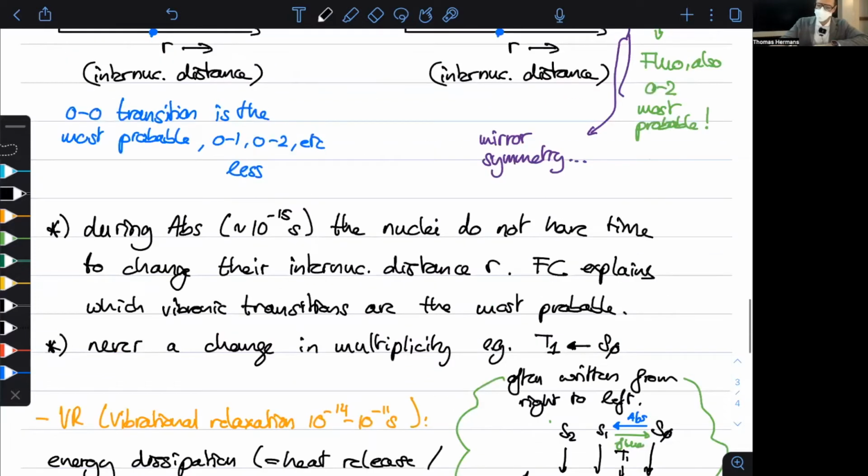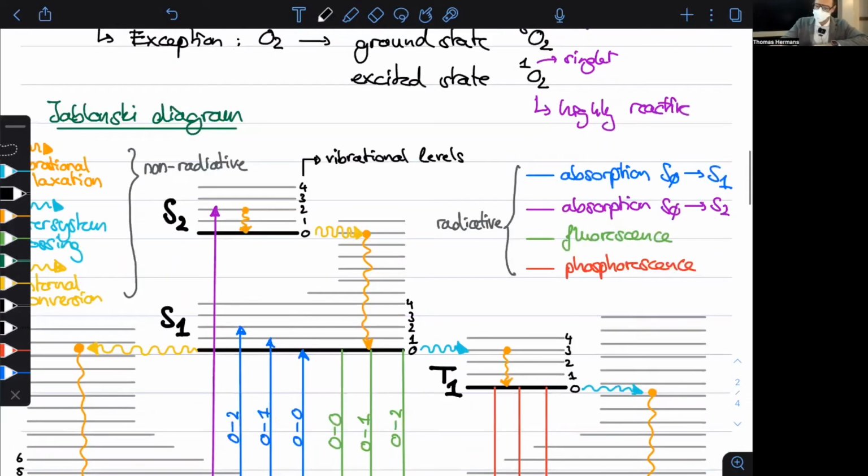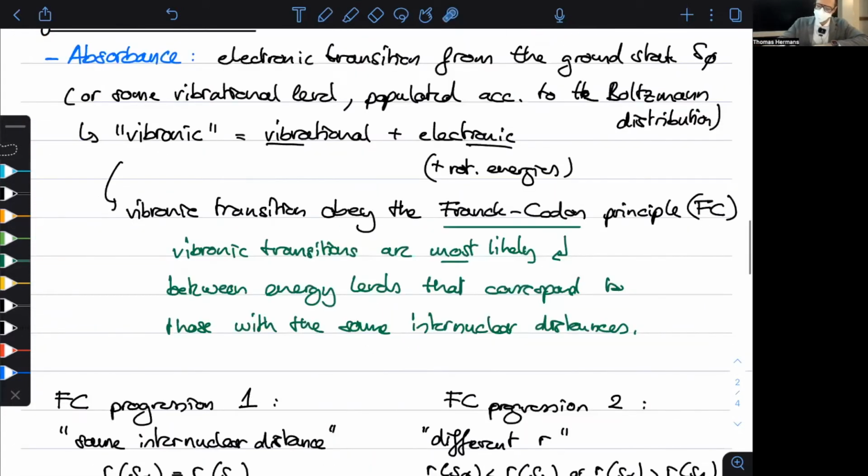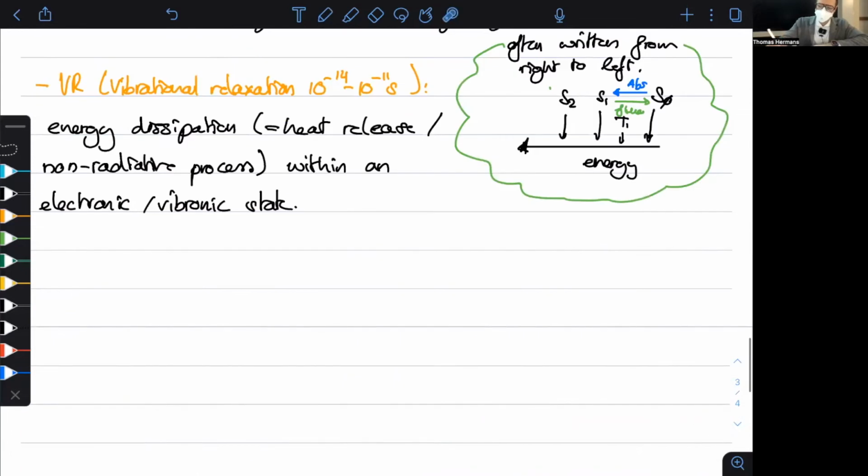So if you go back to the Jablonski diagram, it means these vertical orange things are relaxing within the state, within S1. This one is relaxing within T1. Okay? So that's vibrational relaxation.